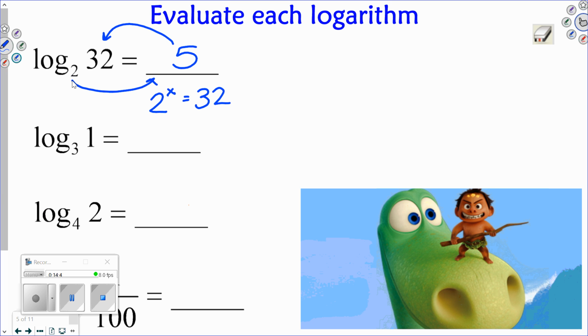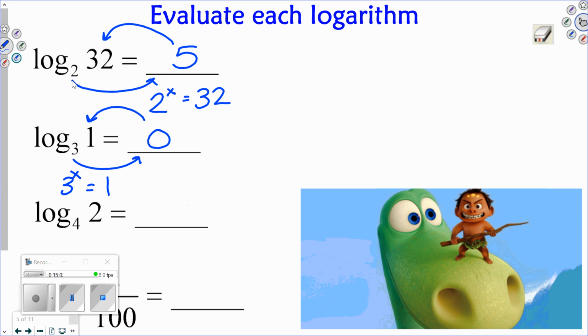But sometimes it helps to rewrite it in exponential form so you can kind of see what it's asking. So this one's asking 3 to what power equals 1? 0. Anything to the 0 power equals 1.